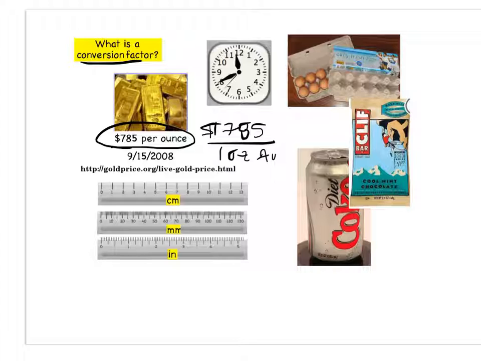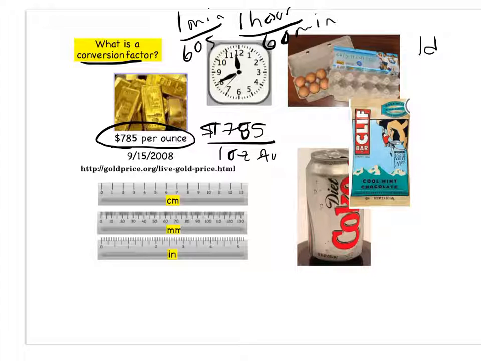Conversion factors are fractions. If we look at time, we can think about the idea that in 1 hour there are 60 minutes, or in 1 minute there are 60 seconds. We can think about that in 1 dozen there are 12 eggs.